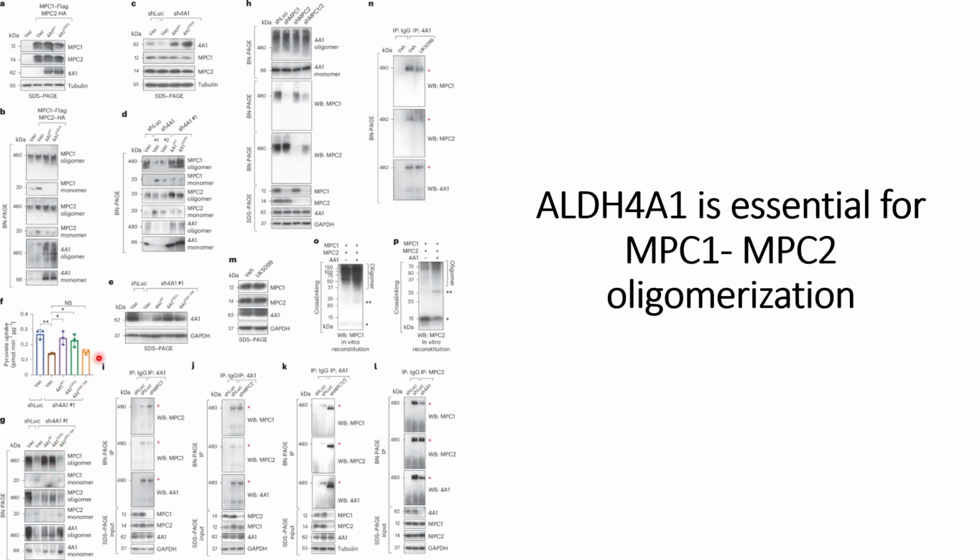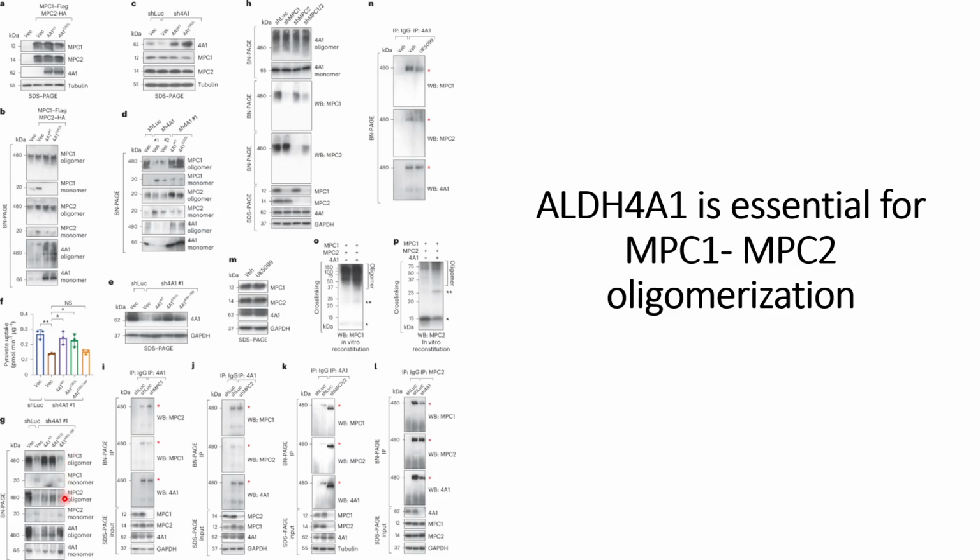Since for the third case they do not see any pyruvate uptake or effect of the ALDH4A1 reintroduction, they saw similar results for the Western blot and BN page also, where for the wild type ALDH4A1 reintroduction and the mutated ALDH4A1 reintroduction, they are able to see oligomer formation for MPC1 and MPC2, but not for the third condition where they used the mutation around 180 to 196 base pair.